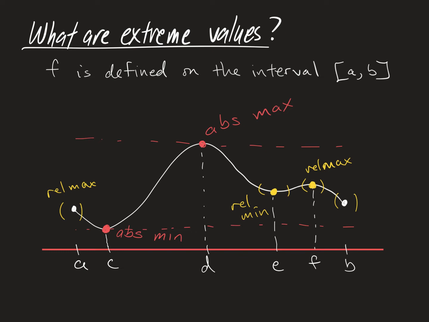In a similar idea over here, we have a relative minimum because in a small interval around this point, that is the lowest point. So that is the difference between absolute and relative. You can have only one absolute max and one absolute min value, but you can have multiple relative maxes and mins.